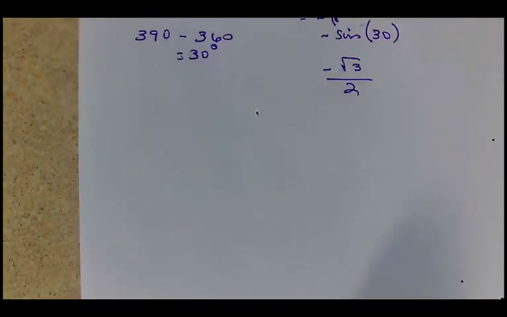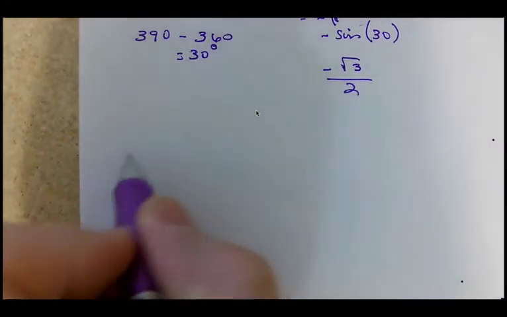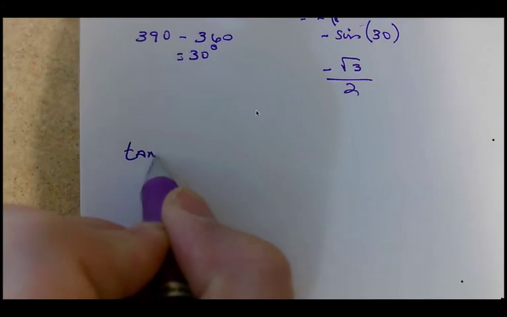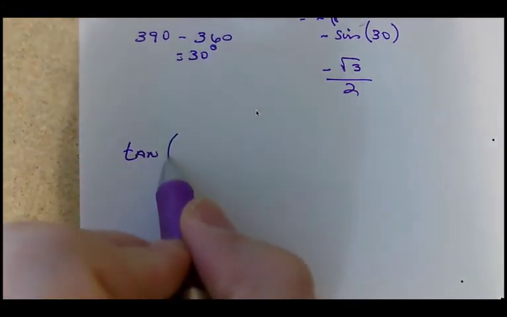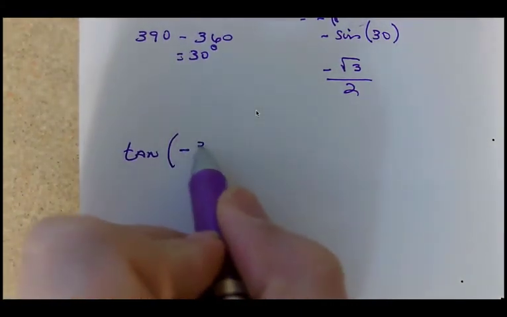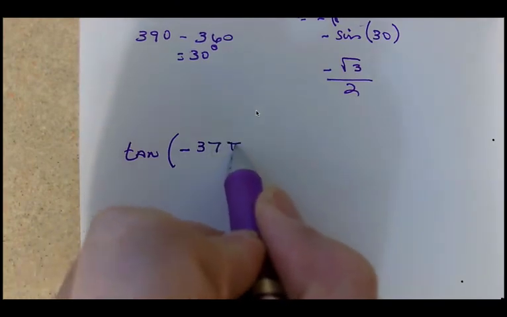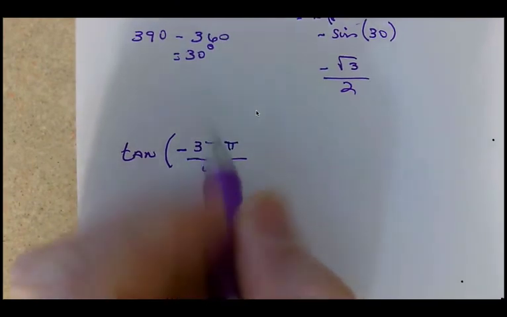And last but not least, we have tangent. The tangent is that of a negative 37 pi over 4.